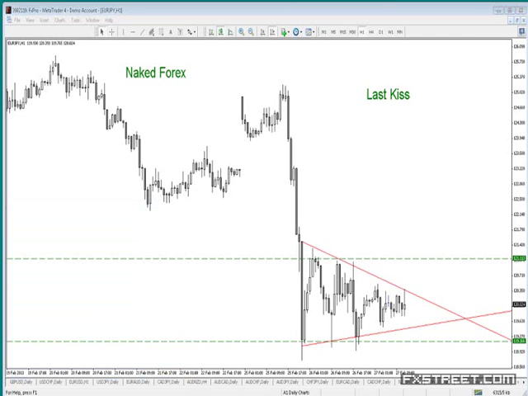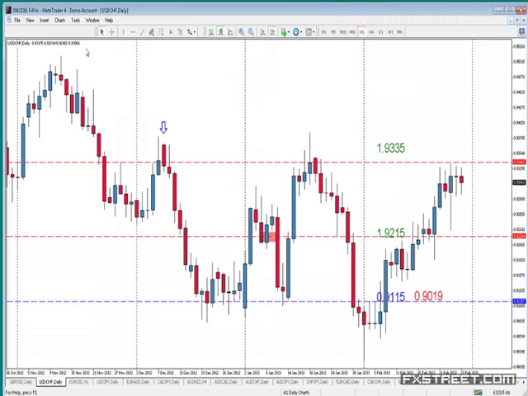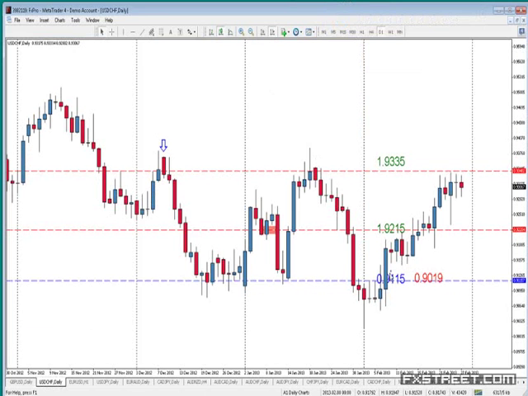So, let's go to the Swissy. The Swissy obviously gave us, for those of you that follow Kangaroo Tails, a Kangaroo Tail buy at 91.15, and the stop was down here at 90.19.